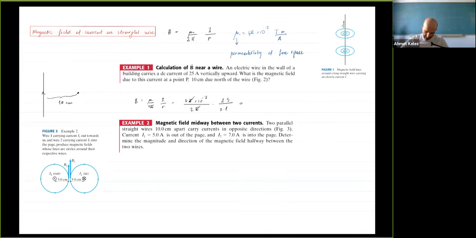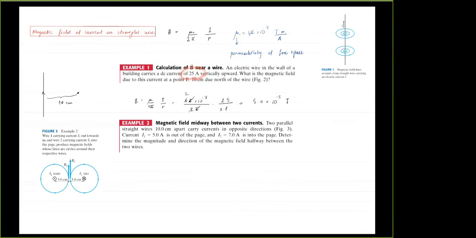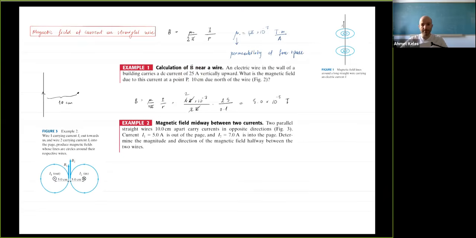The pi's and 2 cancel, and this is like 5 times 10 to the minus 5 Tesla. So you can see a reasonable current, like 25 ampere, gives rise to a detectable magnetic field.